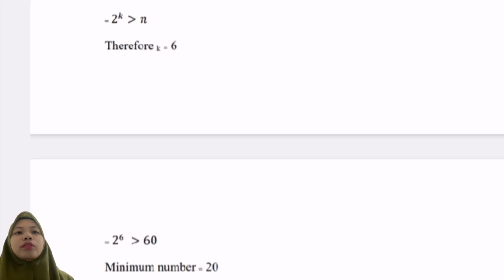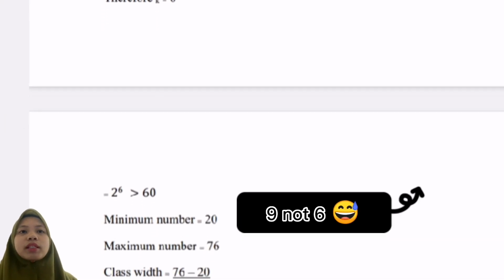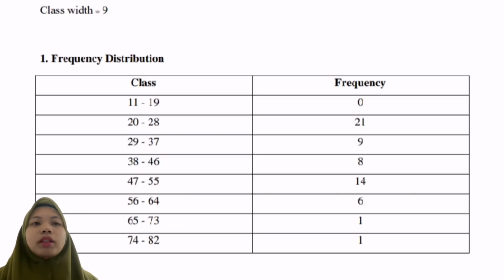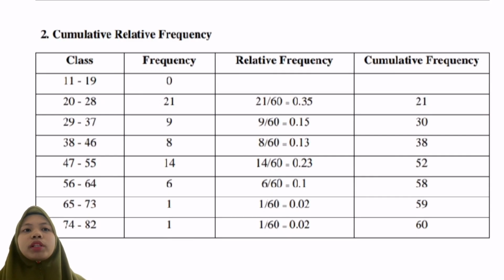So after rounding, we find out 6 is the class width for our table 2. And the next step is the table frequency distribution like that.